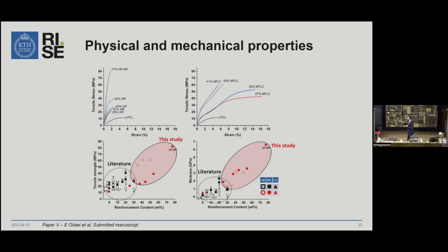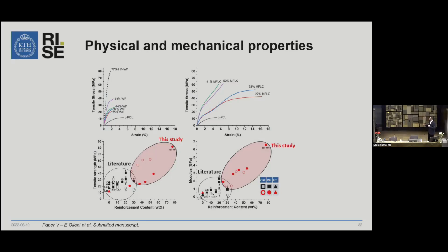With this polymerization technique, we were able to really push these composites to much higher reinforcement content, as you can see, compared to the literature values.